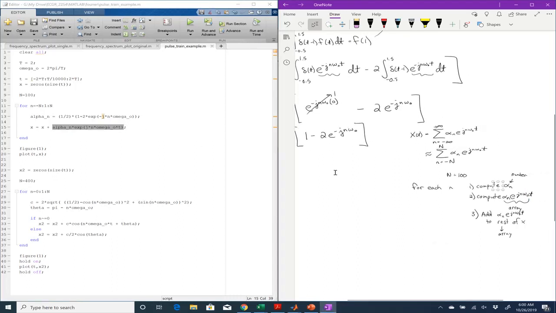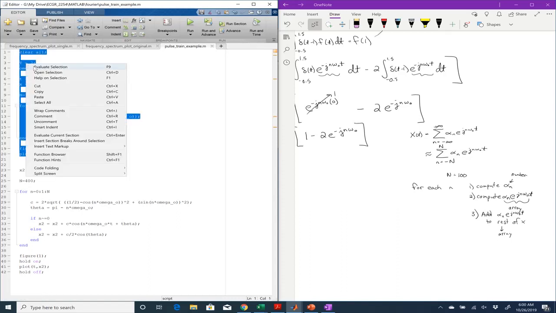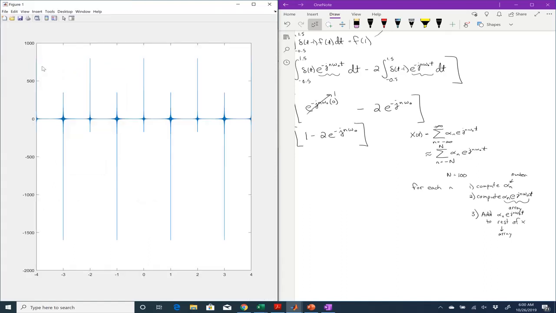That was what I defined as my step 2 over here. And then my step 3 is to take this array that I just created, and add it to the broader x.